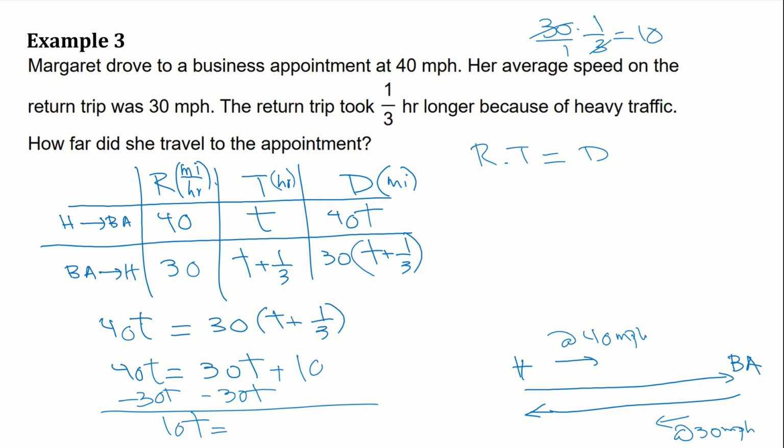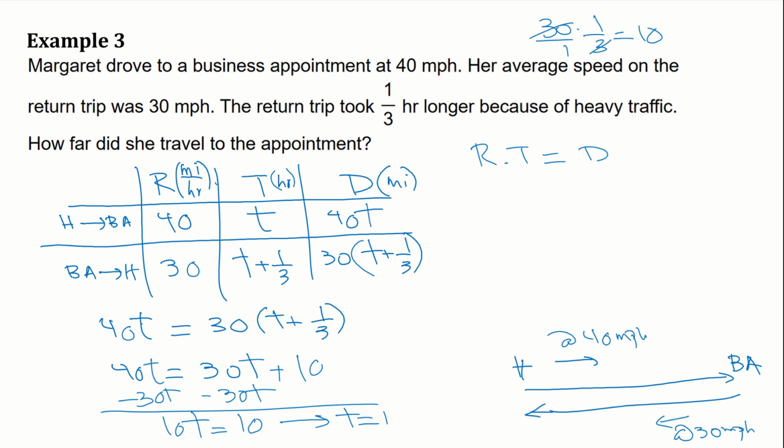Let's fix that. So be careful here, I accidentally wrote a minus, it's plus. So it's 30t plus 10. So we subtract that, so we end up with 10t equals 10. So now divide both sides by 10, we get t equals 1, okay?